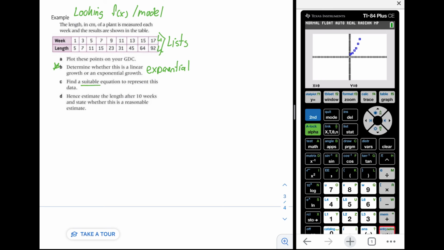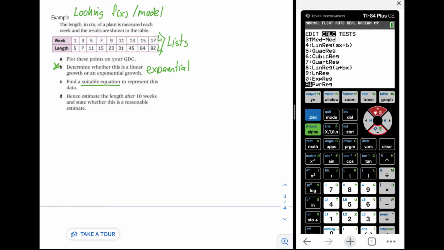Find a suitable equation. Since we said that this is exponential, we're going to go on to stats, calculate, and we're going to choose the exponential regression. Exponential regression is the 0 option, x and reg. This one, ln, this is the logarithmic regression, right? So we're going to have exponential regression.